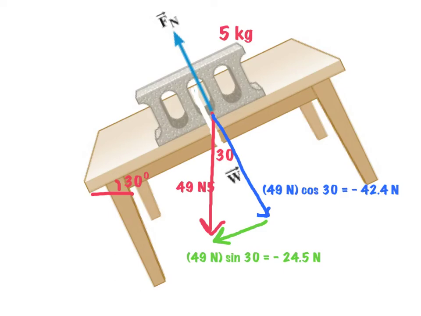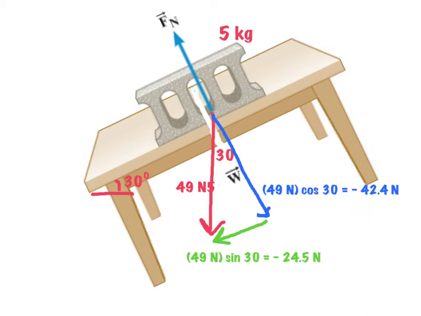So here's where you're going to have to be extra careful, because the y component, this one here, is the one that's adjacent to our angle. So to find the y component, we're going to use the cosine function. So we do the weight, 49 newtons, times the cosine of the angle, and we get negative 42.4 newtons.